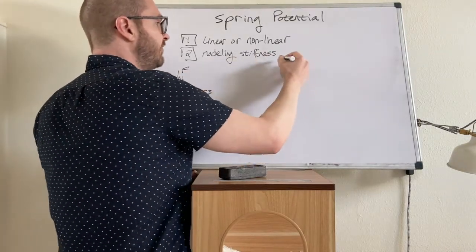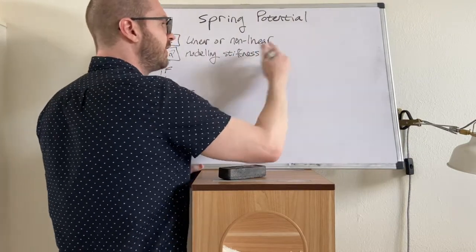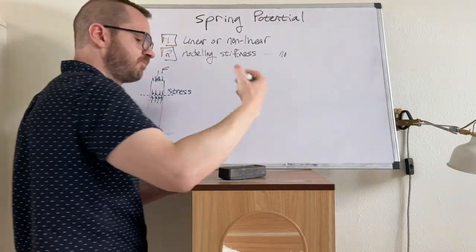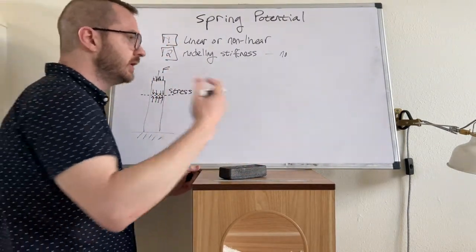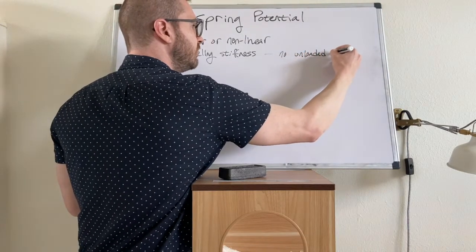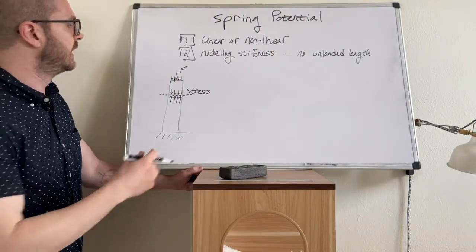So we could model some stiffness, and this is going to affect your potential, because if you're modeling stiffness, then there is no unloaded length of the spring.